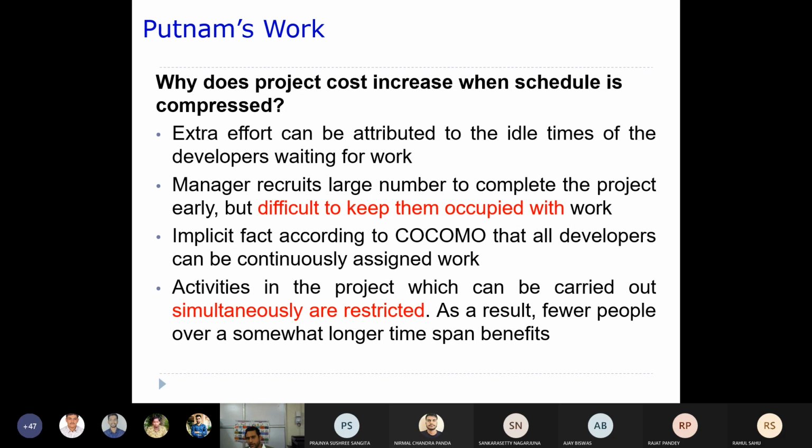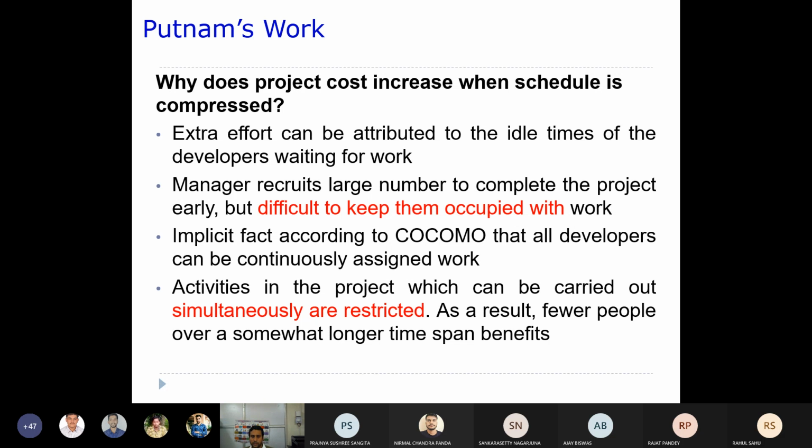The implicit assumption according to COCOMO is that all developers can be continuously assigned work. So each and every person will be continuously given some work. This is the assumption. They are doing some activity at any point of time, so they are not kept idle.